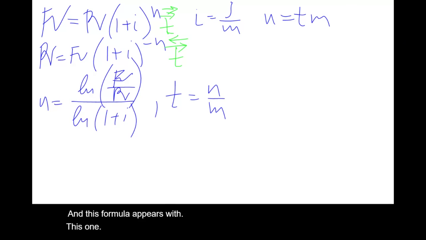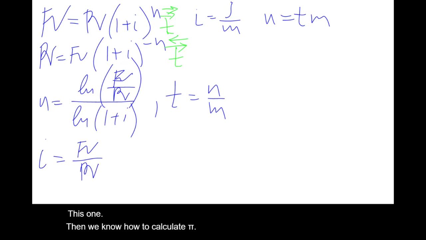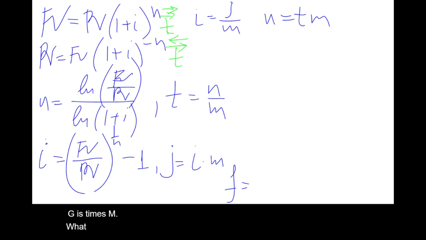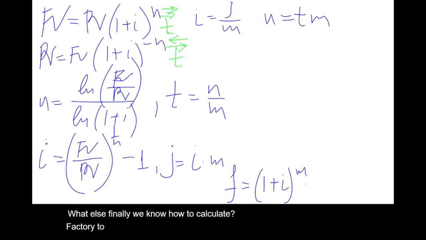Then we know how to calculate I, and pair to this formula is J is I times M. What else? Finally, we know how to calculate effective rate of interest. That's it. Any questions?